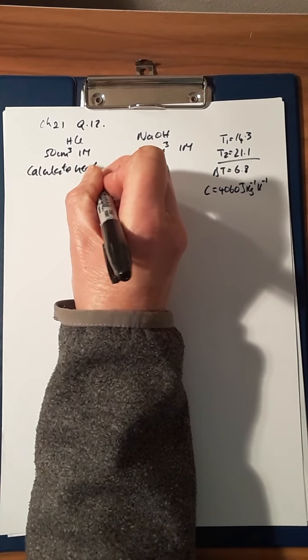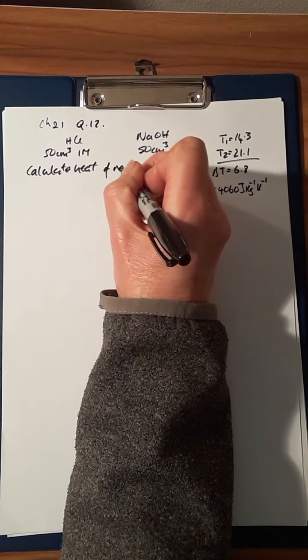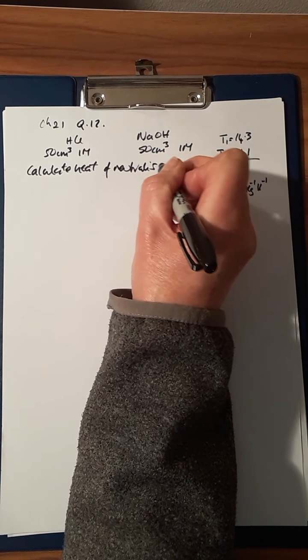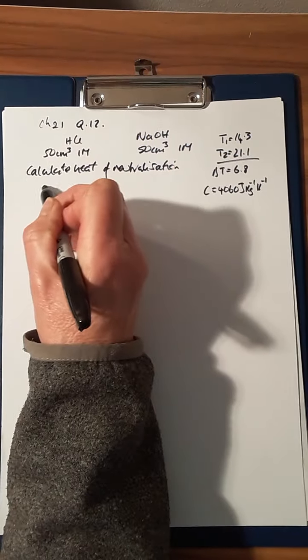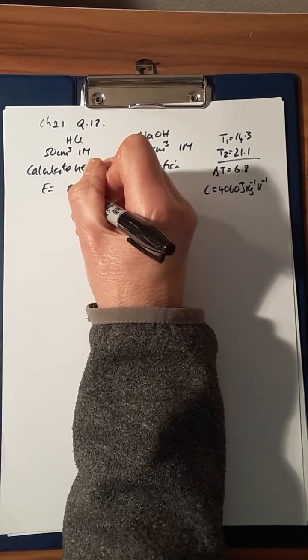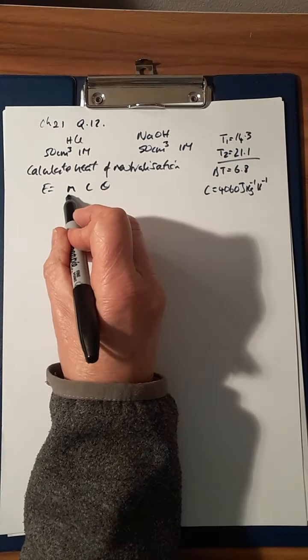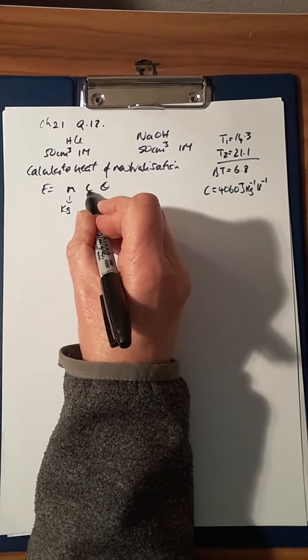Now then, you're going to use a formula for this. The formula is that the amount of heat energy generated by mixing those two solutions is given by the equation mc theta, where m is the mass of the solution, given in kilograms.